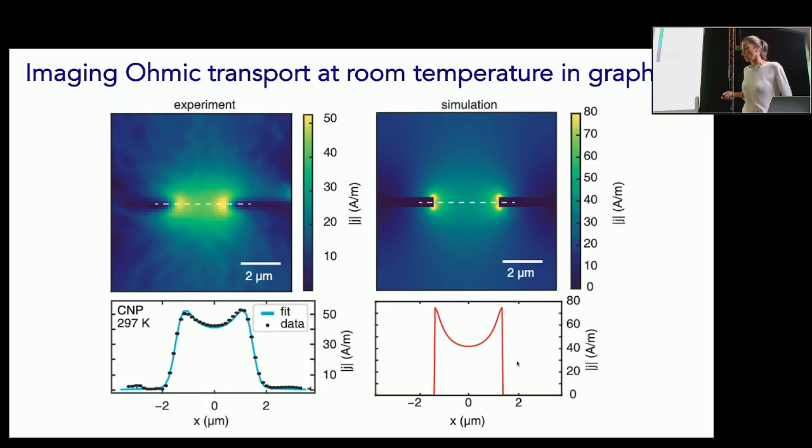It's a no free parameter prediction for the data that shows at room temperature. In this case, we're at the charge neutrality point. We see flow consistent with ohmic flow. This is, again, a simulation. This is sharper because this is a simulation of the current in the device. This is our estimated current. But again, our NV center resides about 50 to 100 nanometers above the surface of the graphene, and hence there's some rounding of these structures.